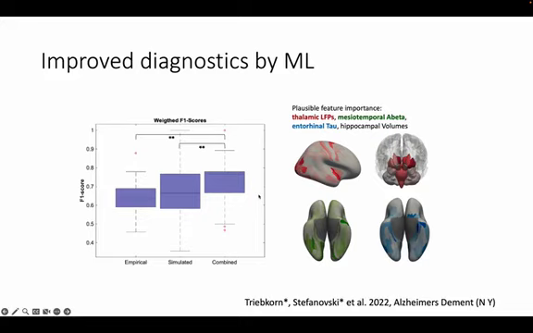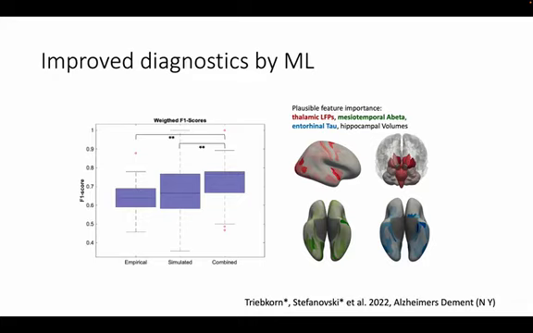Although we did not use more data, we just used the simulation of the same data, the simulation provided kind of hidden parameters that helped to improve the diagnostic classification by about 0.1 in the weighted F1 score. That was particularly observable for the combined feature set, which showed an improved classification of the mild cognitive impairment group in the study. And we also found out that the regions were actually very plausible, which is not always the case in a machine learning study, of course.